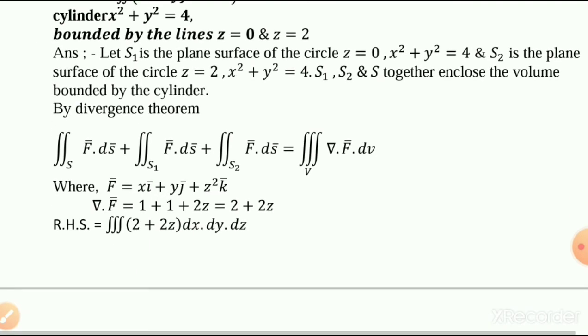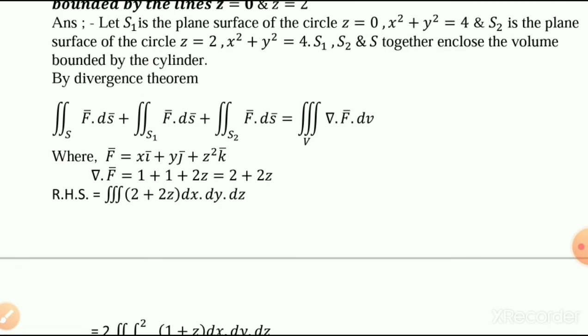Now the Gauss divergence theorem. The double integration over S of F bar dot ds bar plus the double integration over S1 of F bar dot ds bar plus the double integration over S2 of F bar dot ds bar is equal to the triple integration over the volume of divergence of F bar dv.